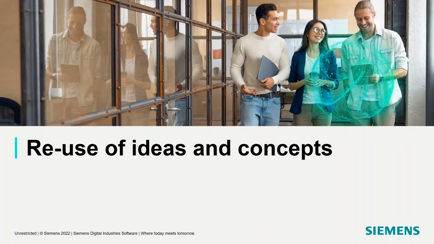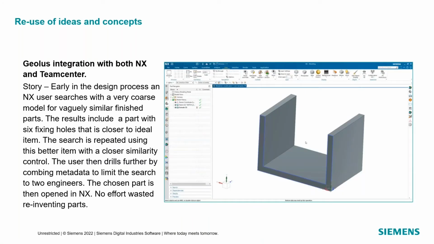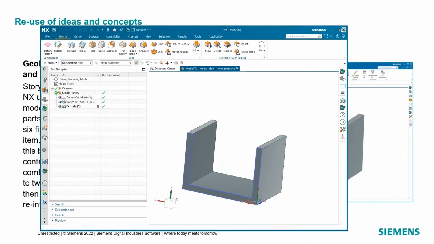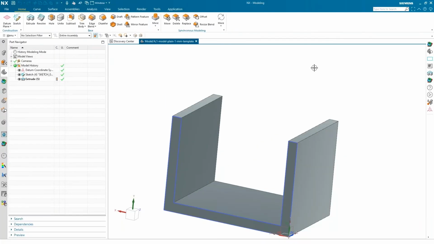So maybe a couple of examples, and you have to forgive me, I'm not the most experienced NX user, which means I know how to use one command in NX, and I'll sort of show you that now. And so if I bring over here NX, so I'm running live, it's connected with Team Center, and you can imagine that it didn't take very long for a CAD user to be able to produce this quick sketch.